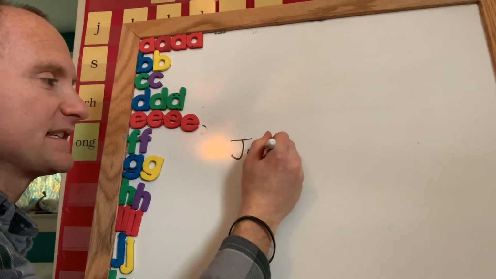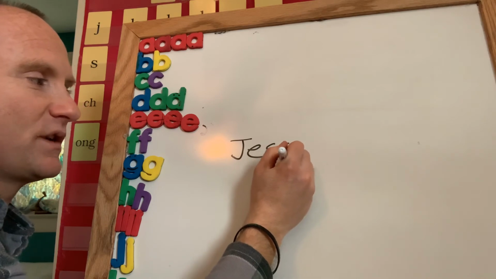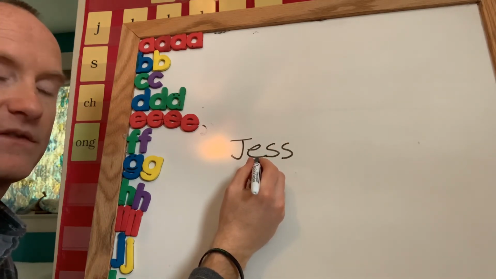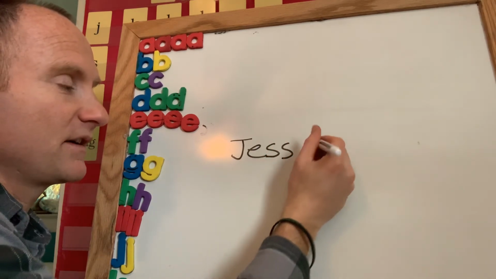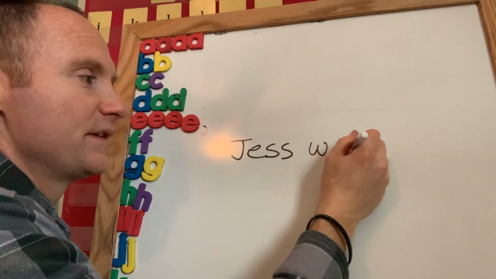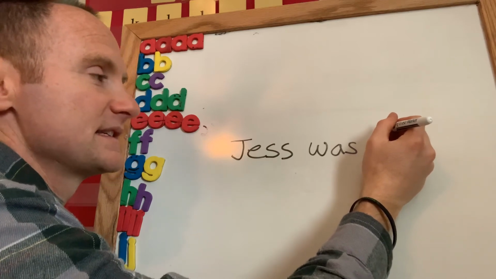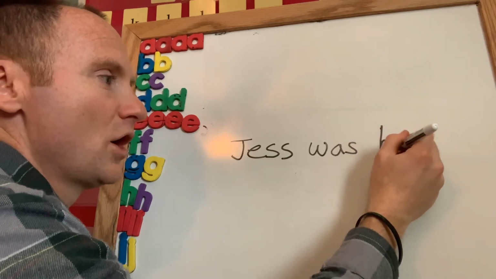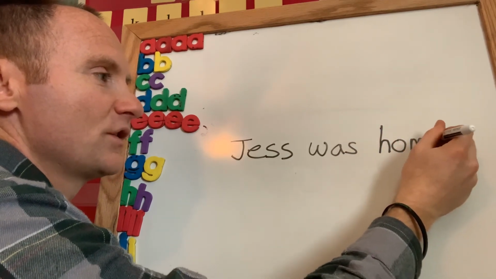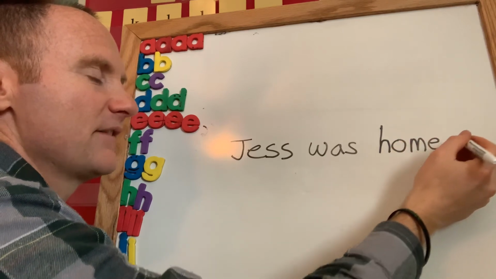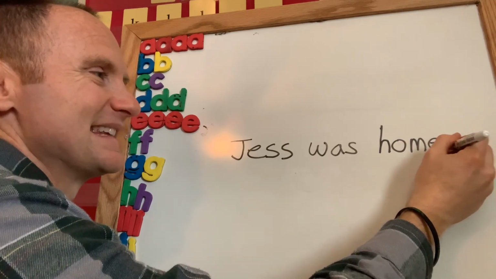J, S. Did you have that bonus letter? Because it came after that short vowel sound, ends with the letter S. Was homesick. I'm clapping it. Homesick. One syllable at a time. Home. I heard that long vowel sound, so I need that vowel or that E. Sick.